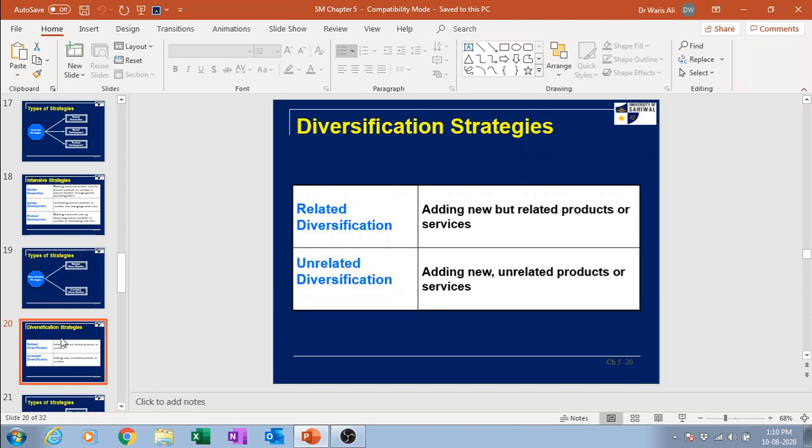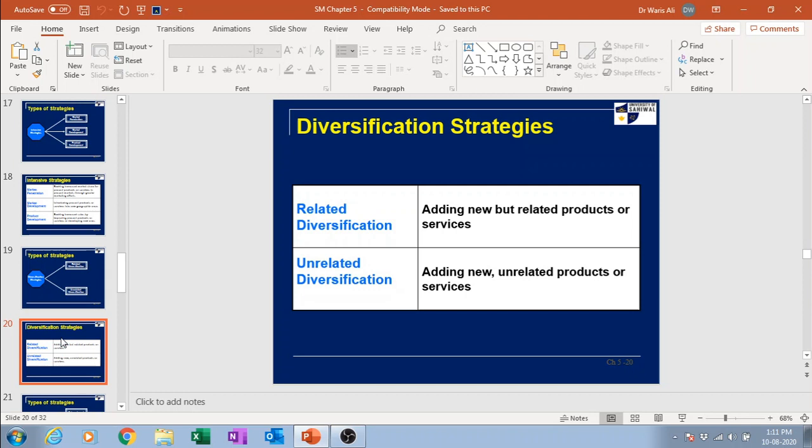So it means we have launched a new product, but this new product is a related product. Engineering is a slightly different degree, but it falls within the teaching profession. So the product is different, but somehow related. So it's going to be called related diversification.